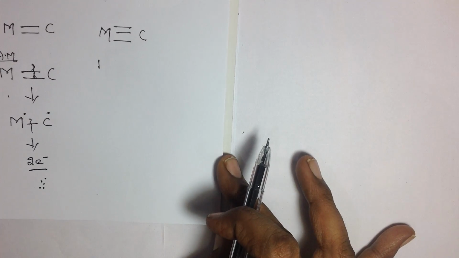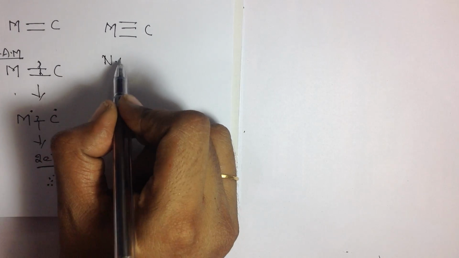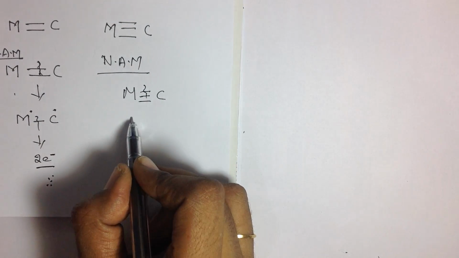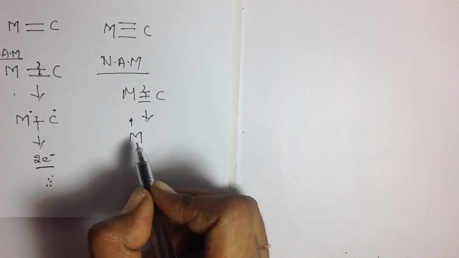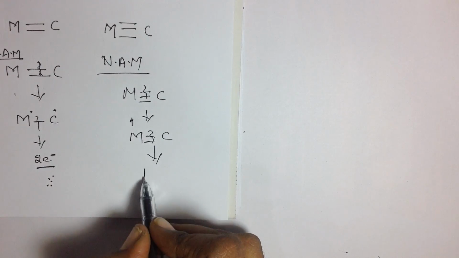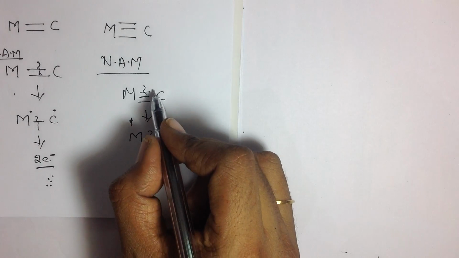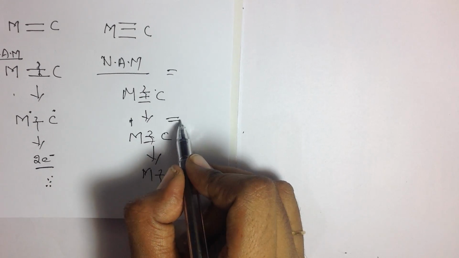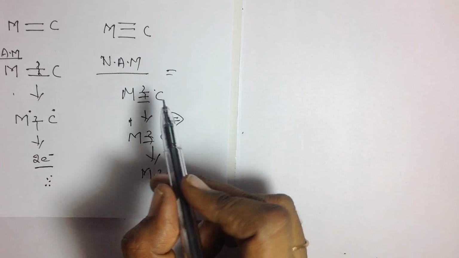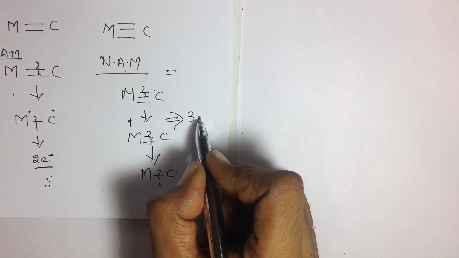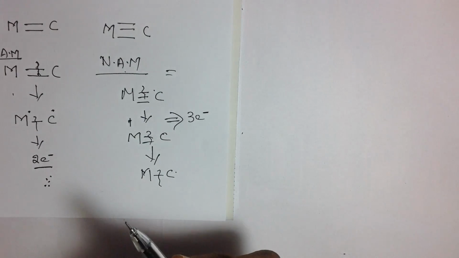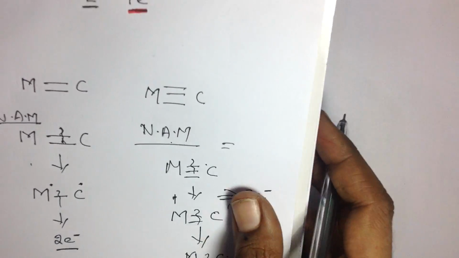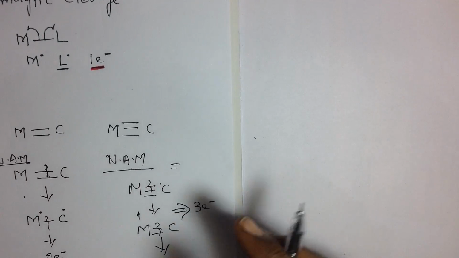In the same way, for the triple bond, the neutral atom method follows like this. See how it goes sequentially. So how many? 1, 2, 3. According to the neutral atom method, if homolytic cleavage takes place for the triple bond, it is 3 electrons. In the case of the ionic method, just double this.